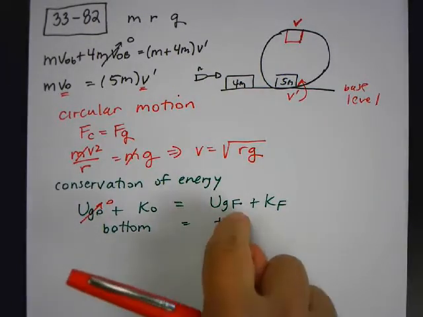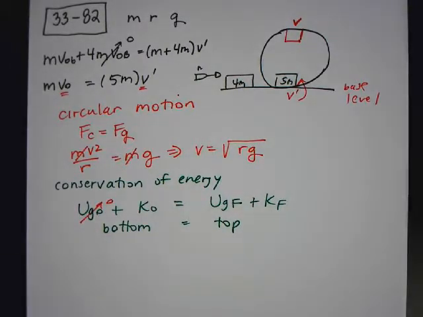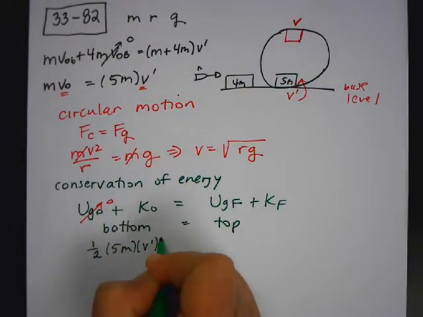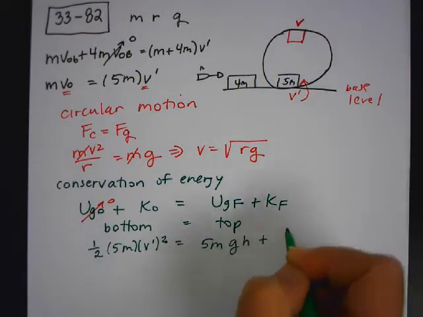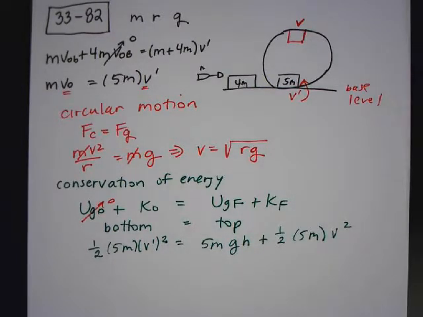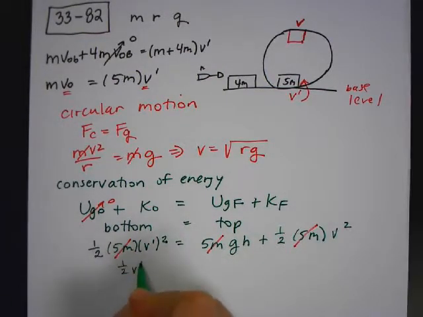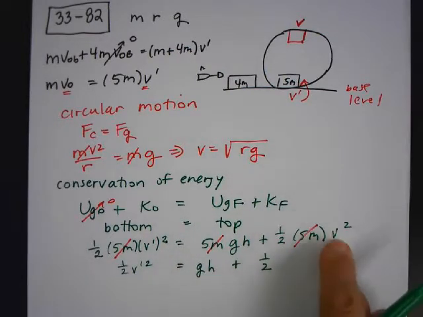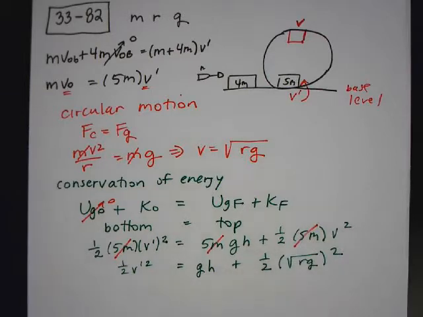But at the top, we're going to have both gravitational potential energy and kinetic energy. So now I have 1/2 times 5m v prime squared is equal to 5m g h plus 1/2 times 5m v squared. The first thing I'll do is cancel all the 5m's. So now I have 1/2 v prime squared is equal to g h plus 1/2, and because I have this v, which I found here, I'm going to substitute that in, the square root of r g, squared.